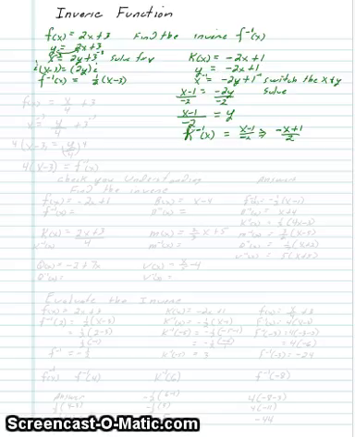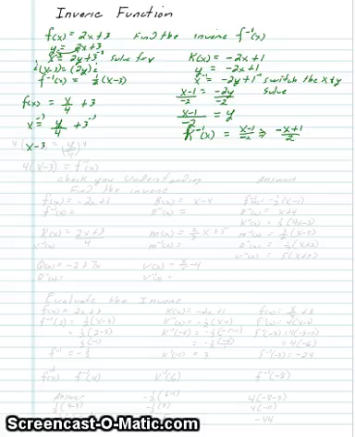Let's do another example. We have f of x equals x over 4 plus 3. So x equals y over 4 plus 3. I let f of x be y, and then I switch the x and the y. Then I solve. Subtract 3.